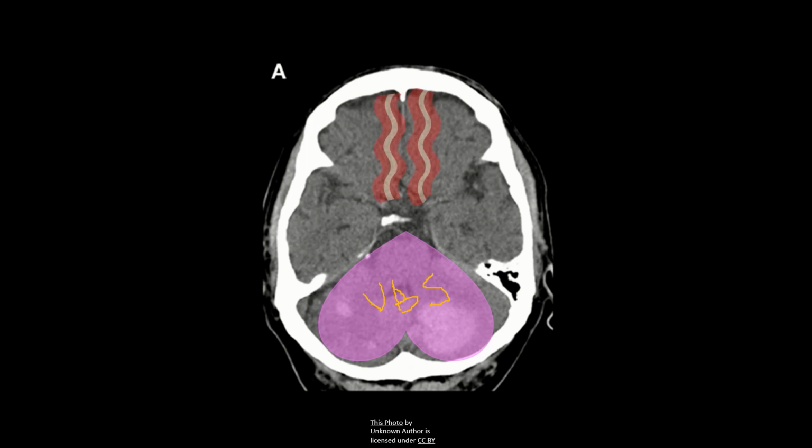And finally, in the middle cranial fossa, we have the temporal lobe. Now, these small portions of the temporal lobe on either side, so this side over here and this side over here, they are also supplied by the posterior cerebral artery. And the rest of the brain is by the middle cerebral artery.